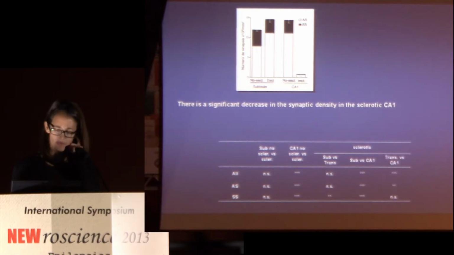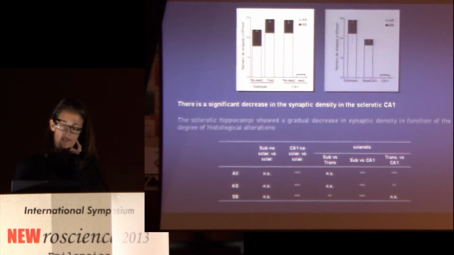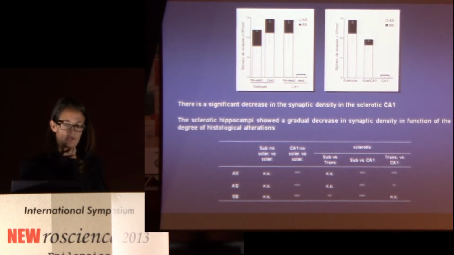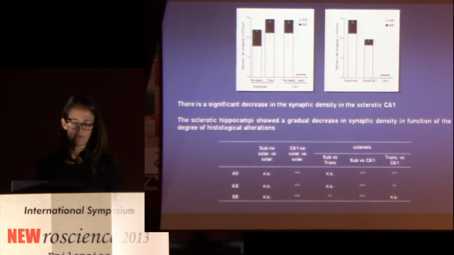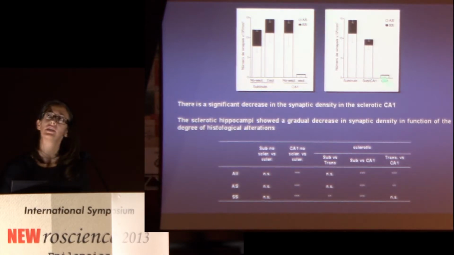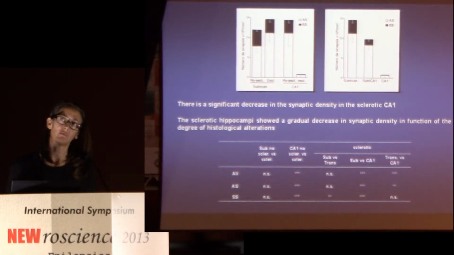However, when we compare the different regions inside the sclerotic subiculum, we found a gradual decrease in the synaptic density as a function of the degree of histological alteration. As we can see in this graph, there is a gradual decrease in the number of synapses according to the neuronal loss and the gliosis shown in these regions.